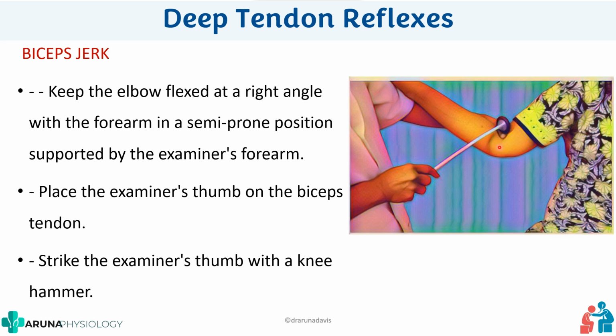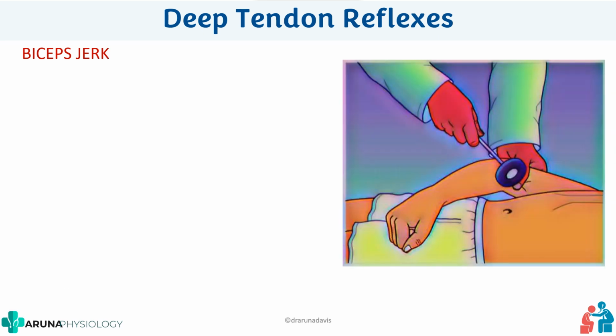It should be at right angle, semi prone, resting on the examiner's hand, and the examiner's thumb should be on the biceps tendon. Also observe how the examiner has placed the knee hammer. You have to hold it at the end of the knee hammer, like this, and then strike. Now what if the patient is lying down?